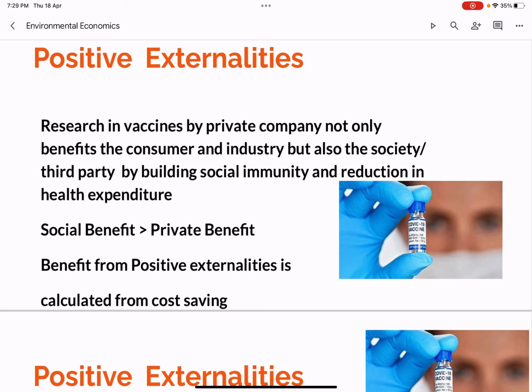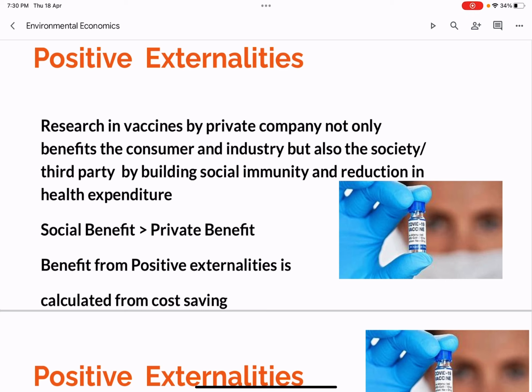Or in other words, if left to the market forces, only a small number of people would be benefited by vaccination, because they would be the ones who would be affording that vaccine, right?